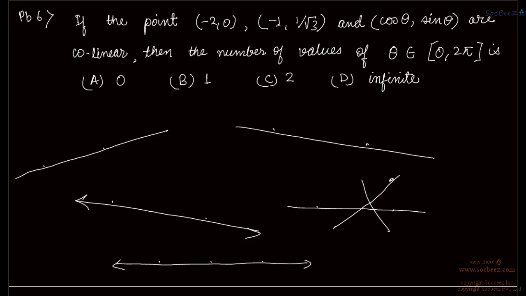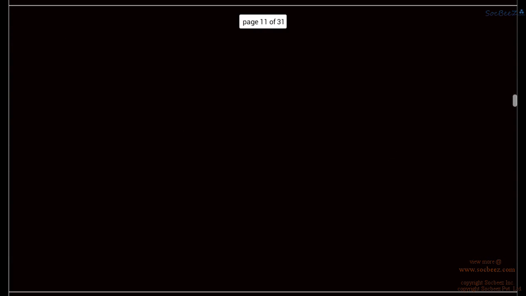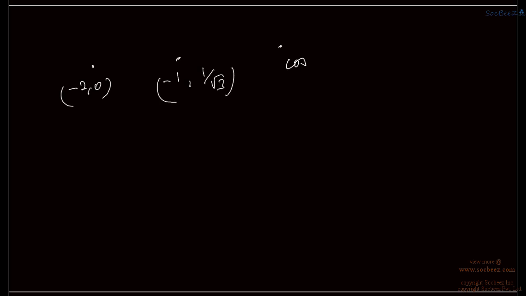So given that these 3 points are collinear, that is the points (minus 2, 0), (minus 1, 1 upon root 3), and (cos theta, sin theta).